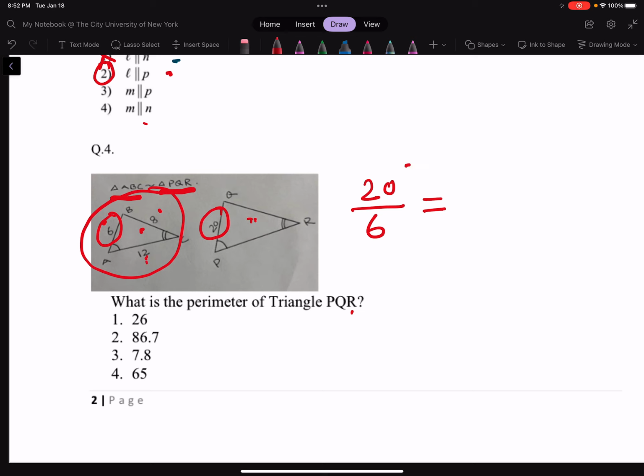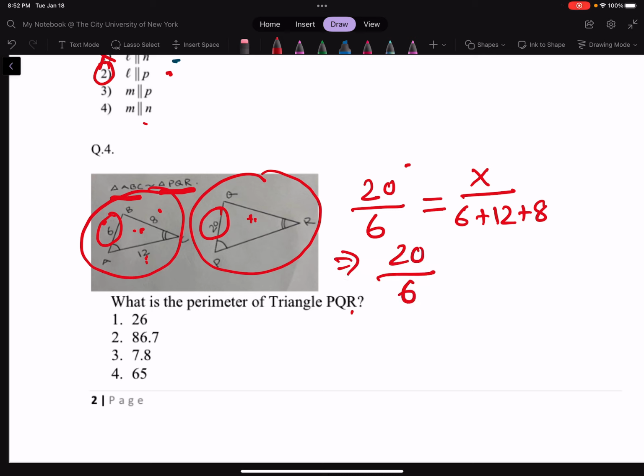So for this 20, this PQR, this is unknown. So let's say this is X, the perimeter. And the perimeter of ABC is 6 plus 12 plus 8. So we get 20 over 6 equals X over 26.